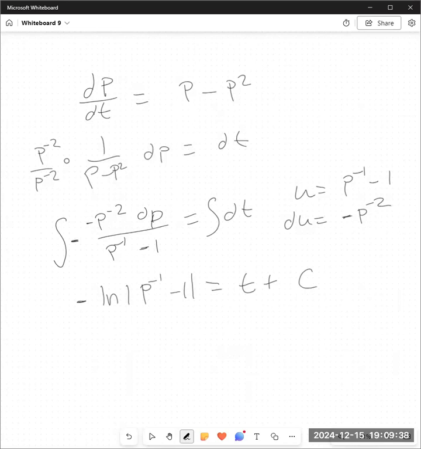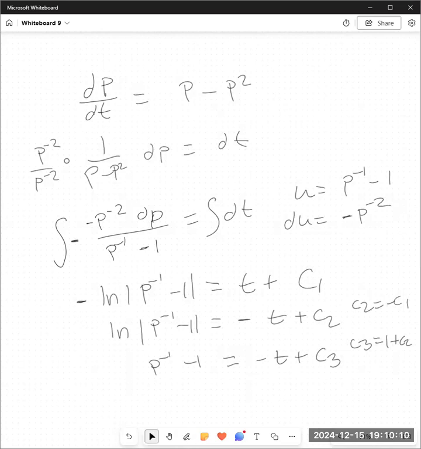Move that negative to the other side. ln of p to the negative first minus 1 is equal to negative t, plus c2 like that. p to the negative first minus 1 is equal to negative t plus, I'm going to call that C3, where C3 is equal to 1 plus C2. C2 is equal to negative C1, like that.